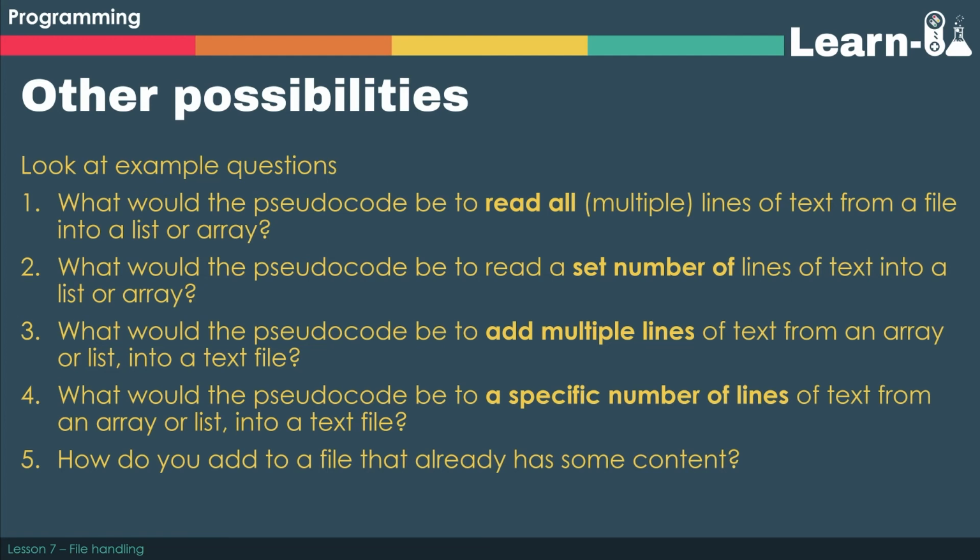Number 5, we can then think about adding to a file that already has some content. So as you've probably worked out, we're going to have to do some kind of read. We're going to have to store that information, add any additional information, and then write all of that back to our original file. But I'm going to let you guys work that out.